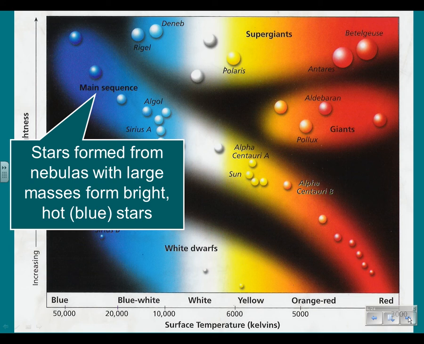Now, actually, here's the key, right? They're really, really bright because how much energy are they giving off? Lots. Because they give off energy because they do what? They do lots of fusion, right?